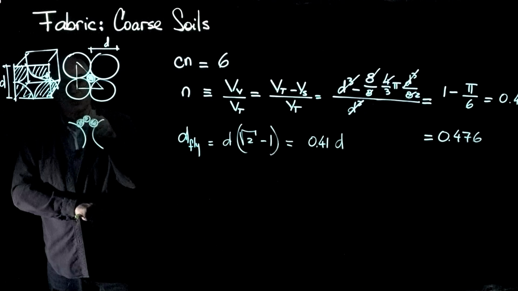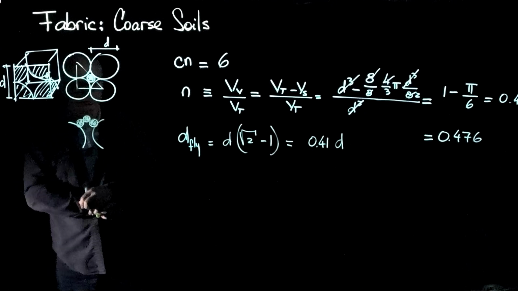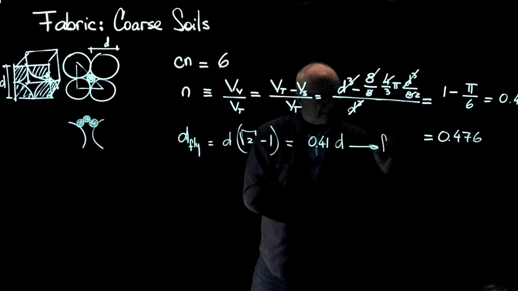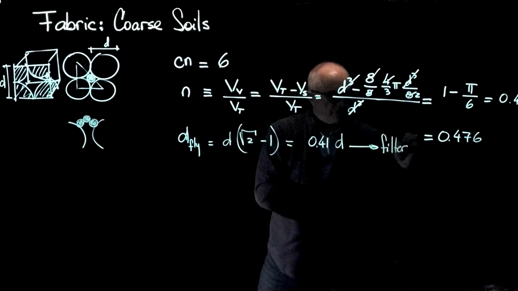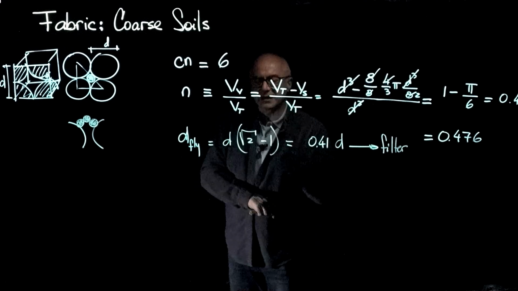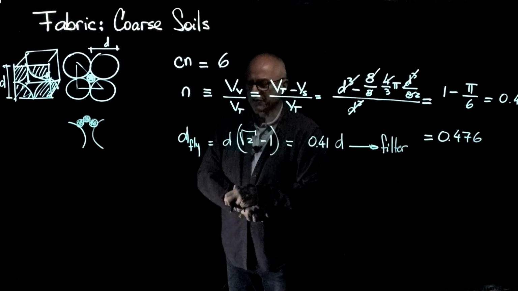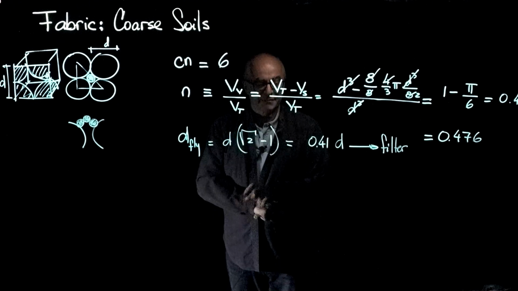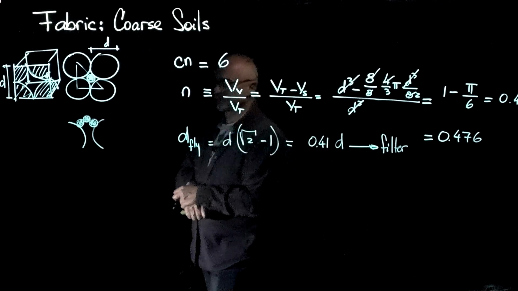And so they will clog the pore throat. And so in order to really go to filter criterion, I will have to probably take this diameter divided by 4 or 6, depending on the particle roughness. But this is, once again, the foundation of filter criteria.